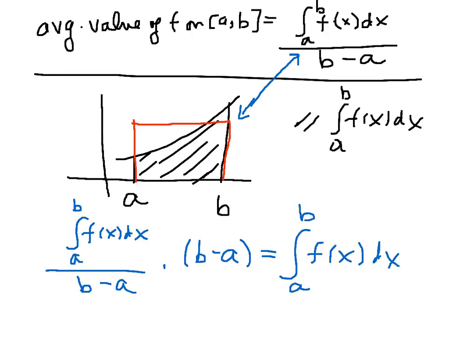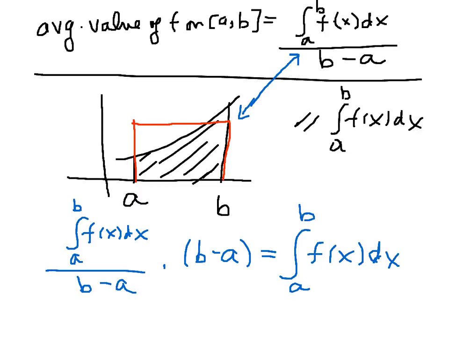So the idea here is that this average value is a special height. It's a y value, and it's the height of the rectangle which has the same area as the area under the curve. So it looks like I probably drew that height a little bit too high.